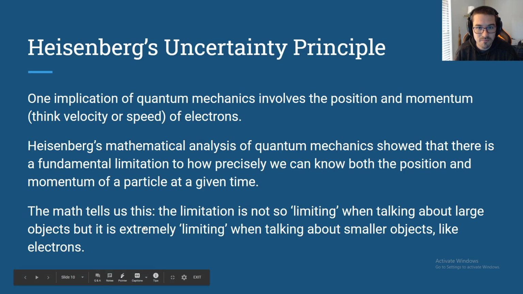And at the time, electrons were the smallest objects that people knew existed. It's so limiting that we really can't think of electrons as only being particle-like. We have to think of them as being wave-like as well in order to truly understand what's going on with them.